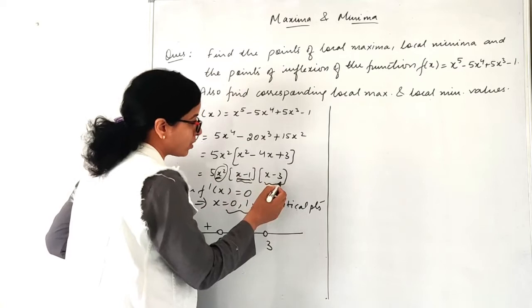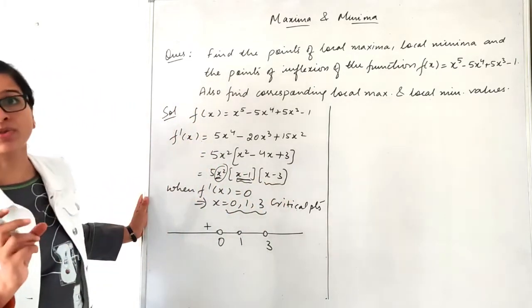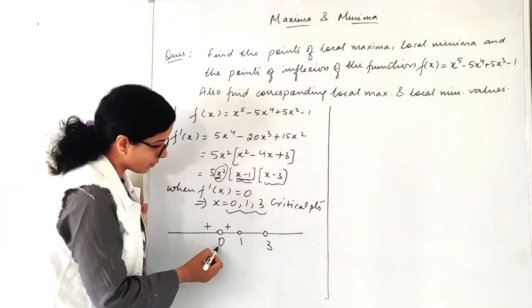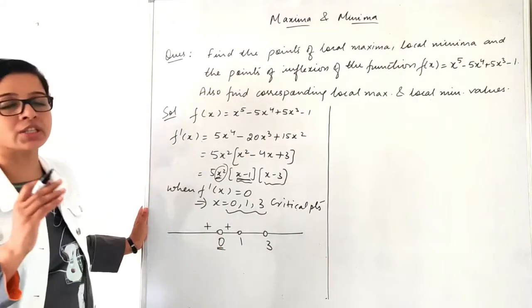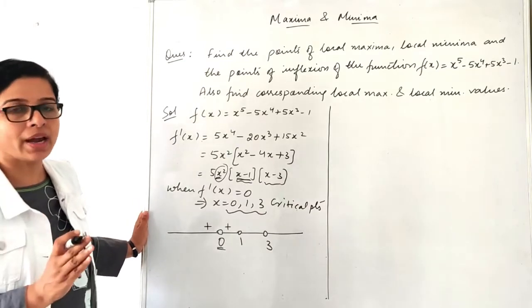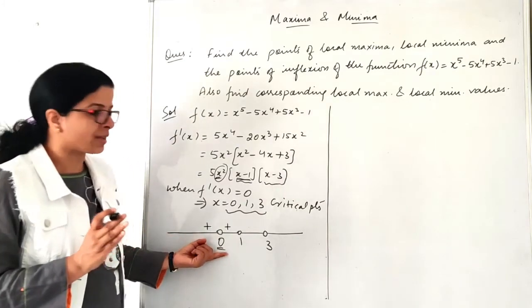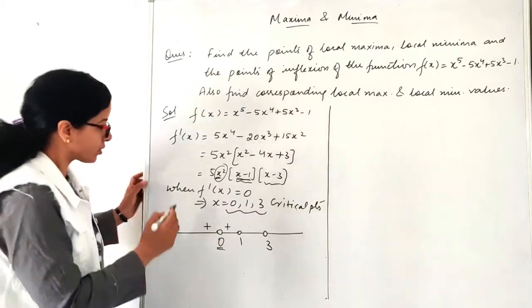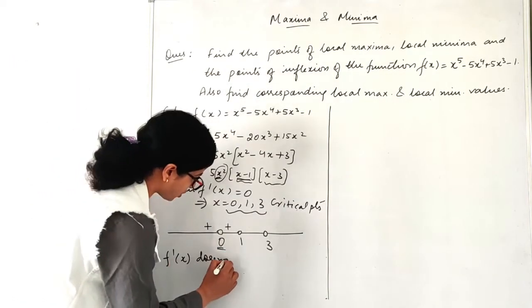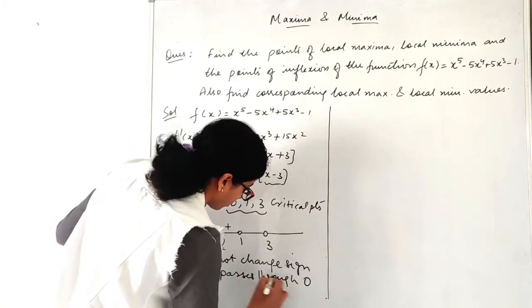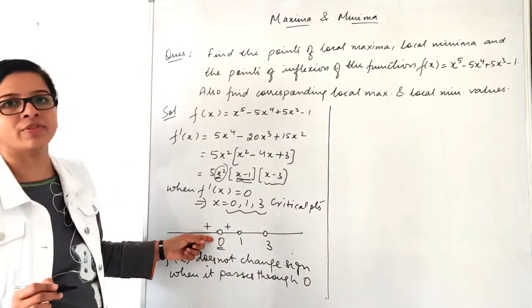Half is smaller than 3 also, I will get a negative answer. Product of two negatives is positive. So here at 0, my f dash x does not change sign when it passes through 0. So what does that imply? x is equal to 0 is nothing but a point of inflection. Is it clear? So f dash x does not change sign when it passes through 0. So it is a point of inflection.